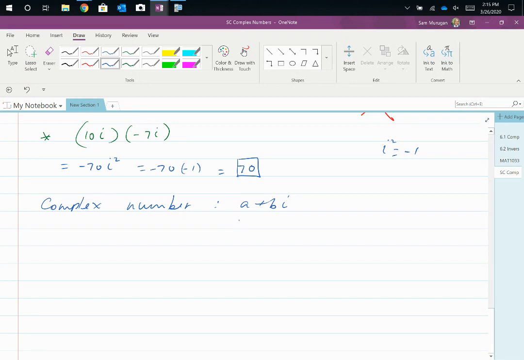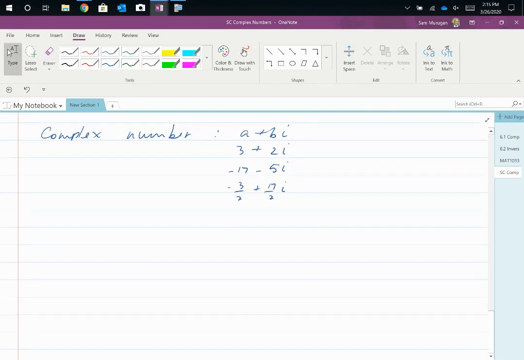So examples of that could be 3 plus 2i, could be negative 17 minus 5i. It could be negative 3 over 2 plus 17 over 2i. Okay. Or it could be a number that's only imaginary, 0 plus 7i.